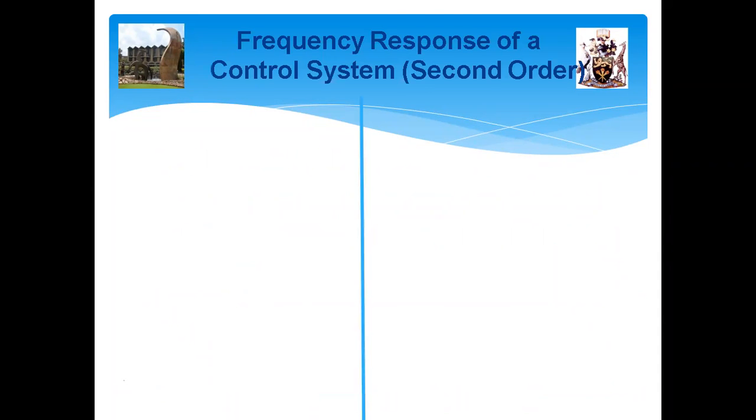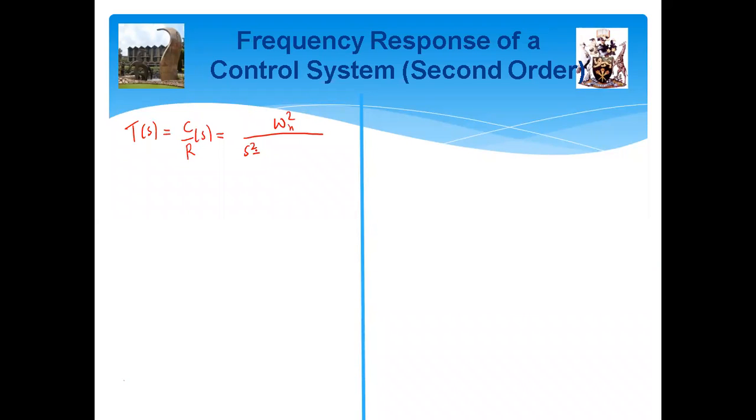So to start with the frequency response of a control system, remember that in the S domain, the transfer function for a second order system is given by this.